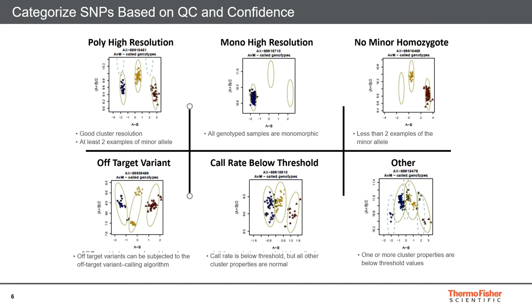The top row are what we consider good cluster types and recommended, and the bottom row are poorer cluster types and not necessarily recommended. As we go through the webinar, I will highlight some more examples of these. But if you're interested in the details, please reference the user manual or the Axiom Analysis Data Guide.